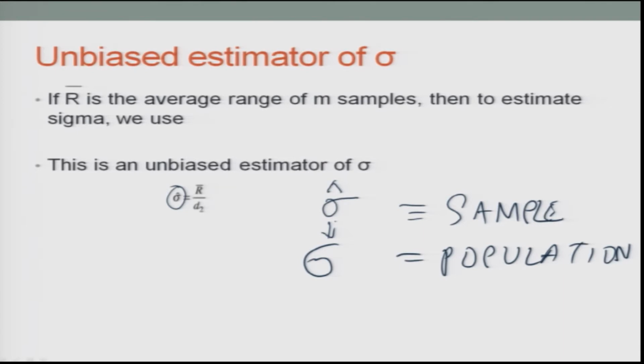An unbiased estimate of sigma is given by the average range divided by D2. D2 depends on the sample size, so depending on the sample size, you can find D2 and use that to find sigma hat. That will give you the best estimate for the population parameter sigma.